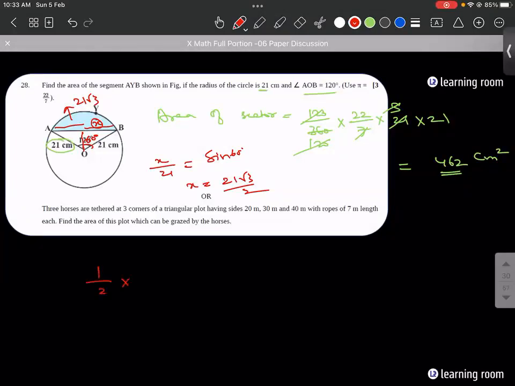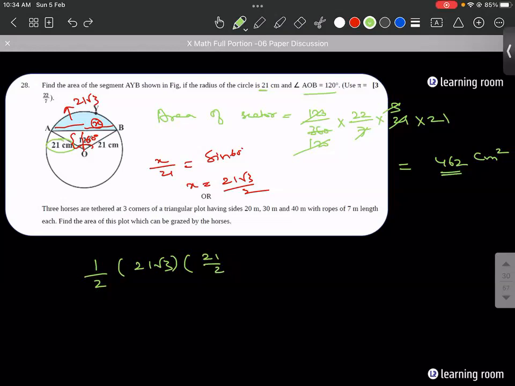So half into base, and height is how much? Height will be 21 by 2, because for height you will get cos. So half into base 21 root 3 into height 21 by 2.